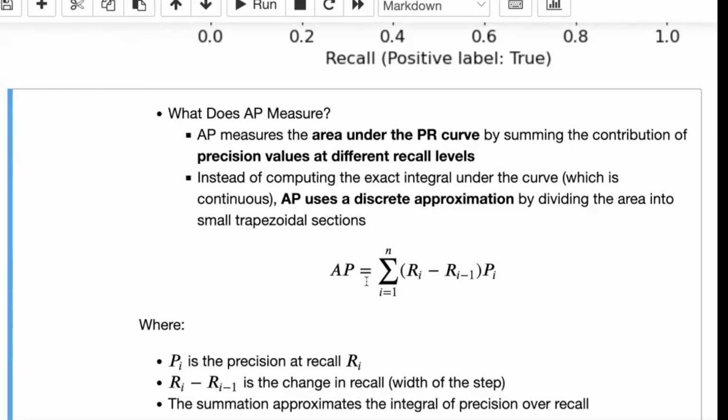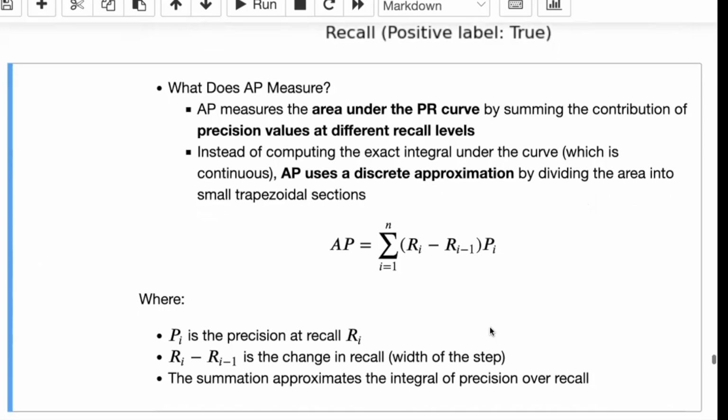It measures the area under the PR or precision recall curve using this approximation technique. So remember the precision values are on the y-axis and these recall scores on the x-axis. So you're going to find the differences between two consecutive values of recall scores and multiply them by the P values.